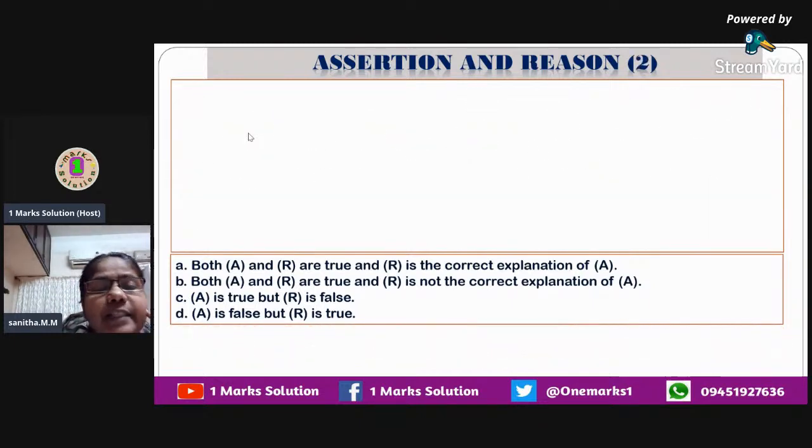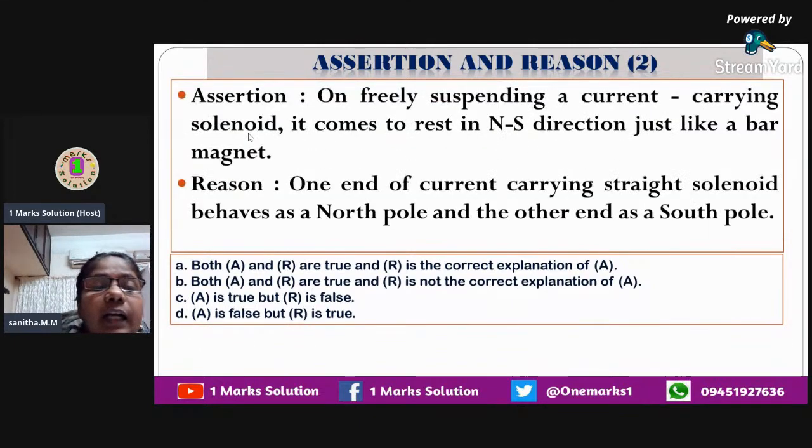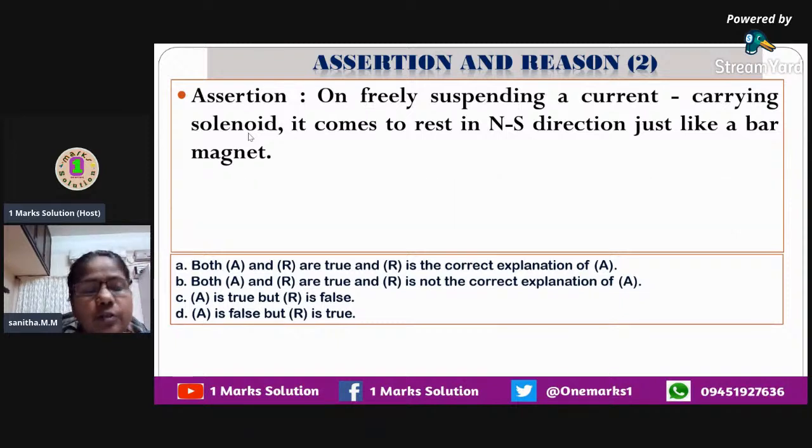Now we can go for the second question. Assertion: On freely suspending a current carrying solenoid, it comes to rest in north-south direction, just like a bar magnet. You know what a bar magnet is? It has north and south pole. If you suspend a bar magnet freely, always it points in the north-south direction, isn't it? That is how we can find the direction.